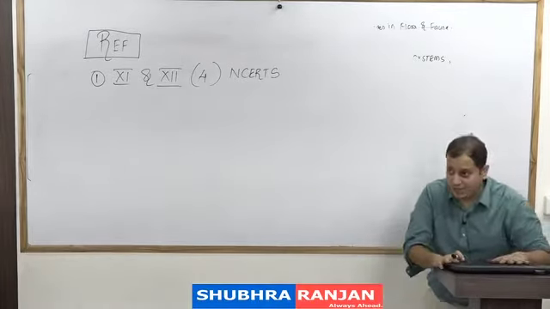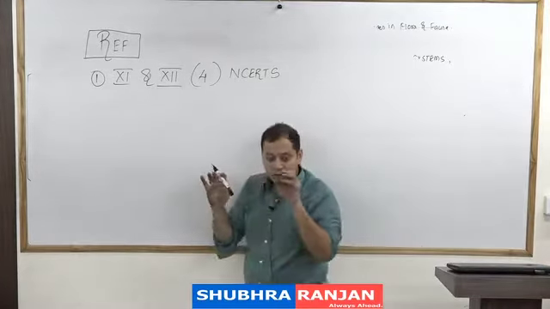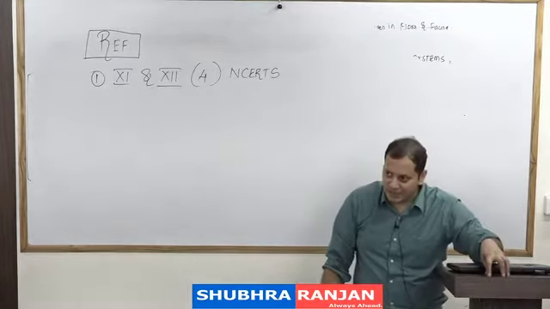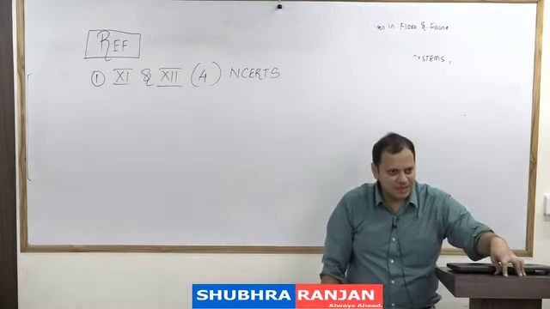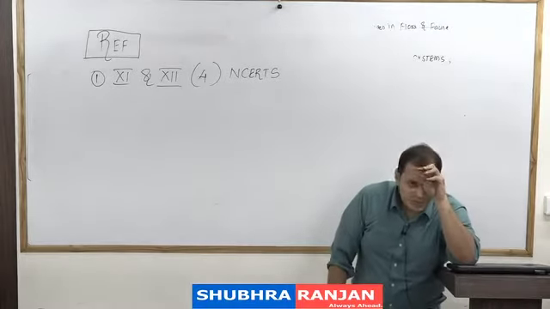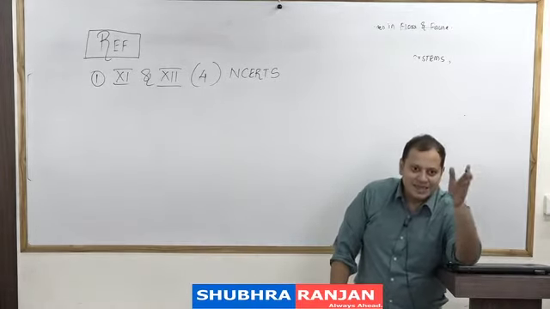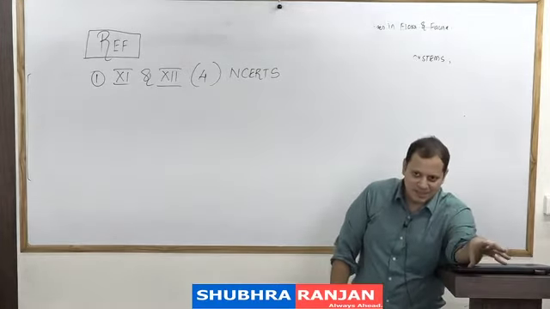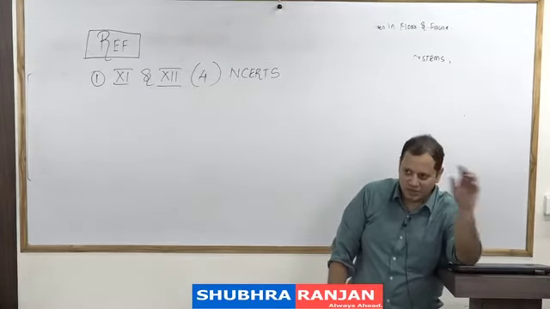There are 4 NCERTs, 2 in 11th, 2 in 12th. चारों के चारों करनी है. ऐसा नहीं है कि सिर्फ 3 करनी है या सिर्फ इंडिया वाला पार्ट करना है इसमें से. Your work will start from today and tomorrow, that NCERTs class के साथ खत्म कर दो. We will be going much deeper in the class while NCERTs will be focusing only on these things.